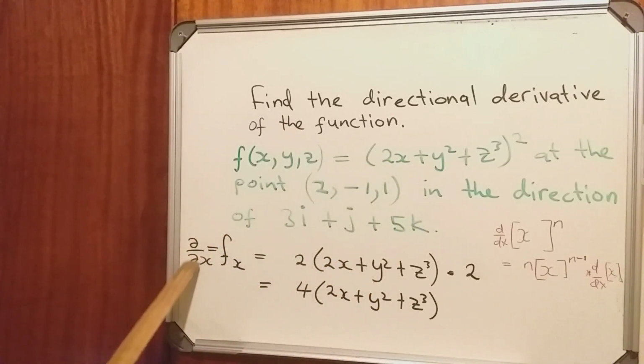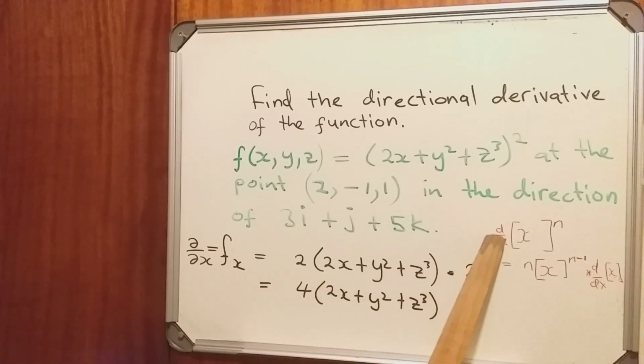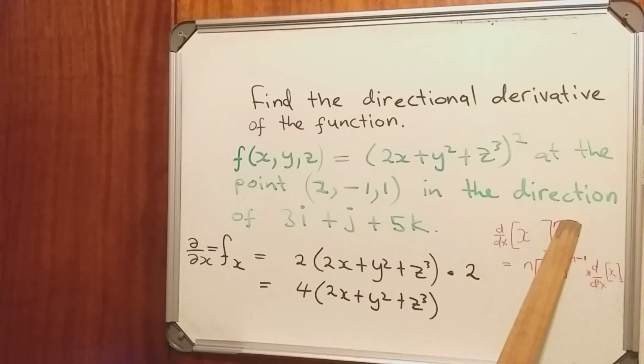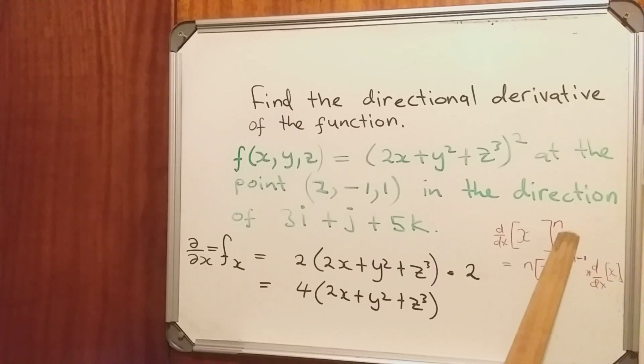So for the partial x, which is f subscript x, we know that the derivative of any function to the power n is: you take the n, multiply by everything that is inside the bracket as it is, to the power n minus 1.